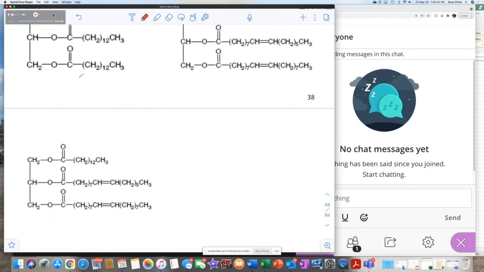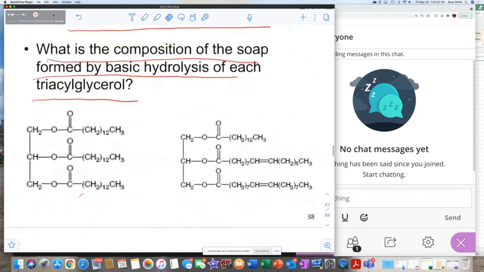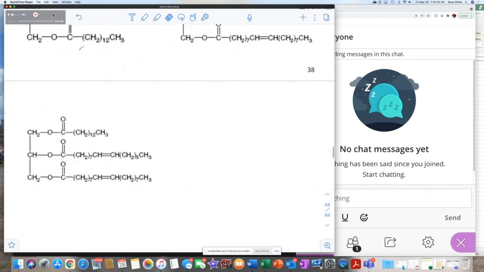Okay, so what I'm going to do is make this simple. Back here, they showed this bond here. Make it simple and show it breaking right here.